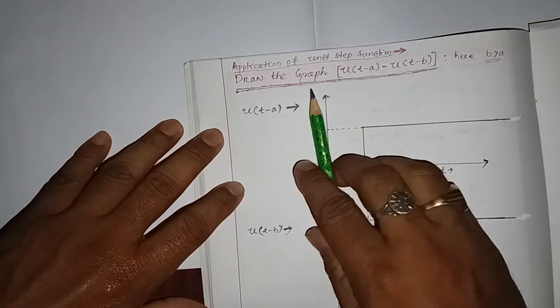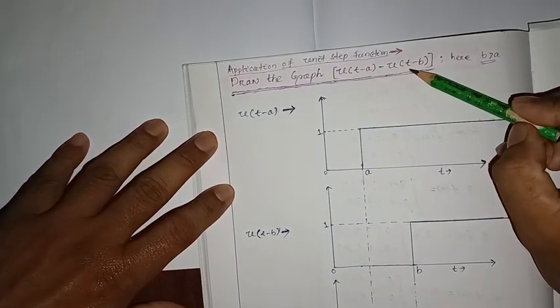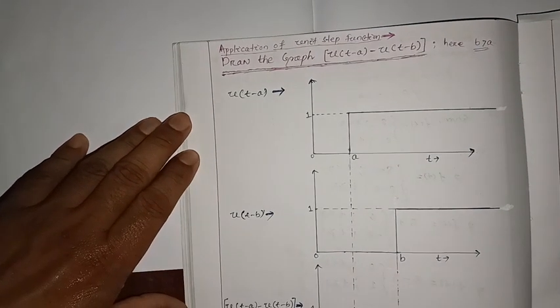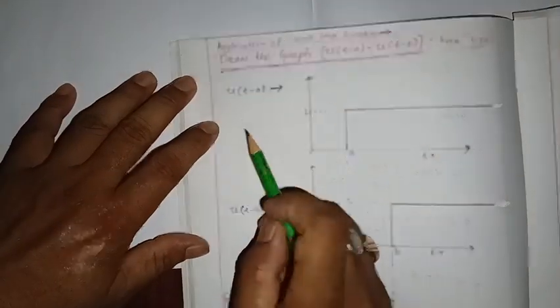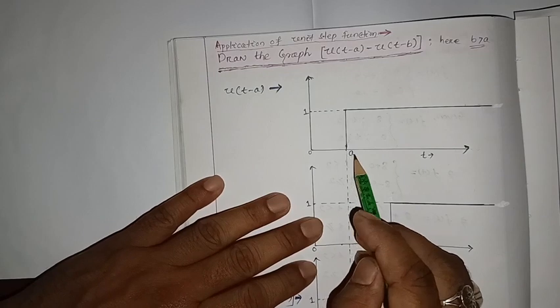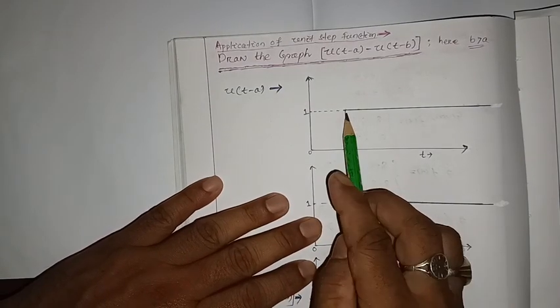First we have to draw the graph of u(t minus a) minus u(t minus b). Here b is greater than a. Okay. So we know that for u(t minus a), before a the value is 0, after a the value is 1.